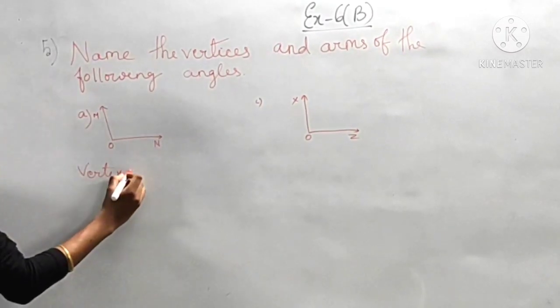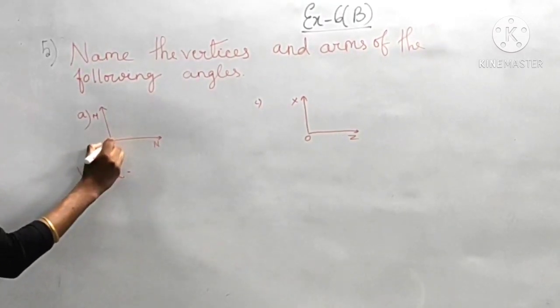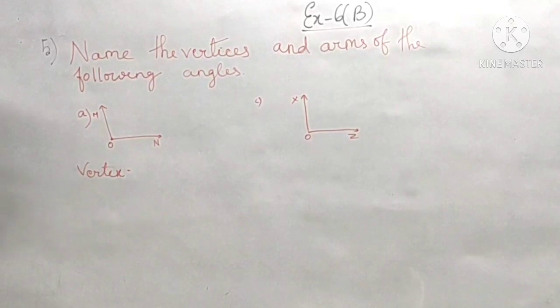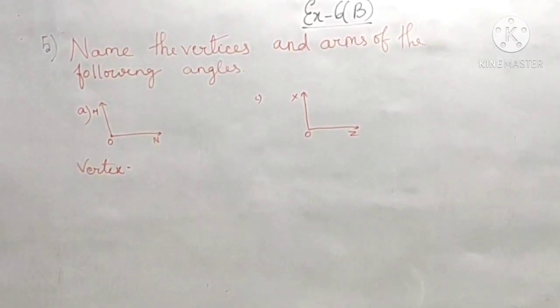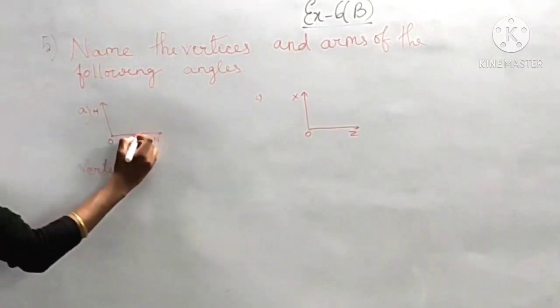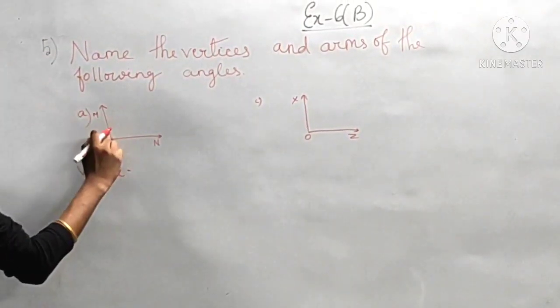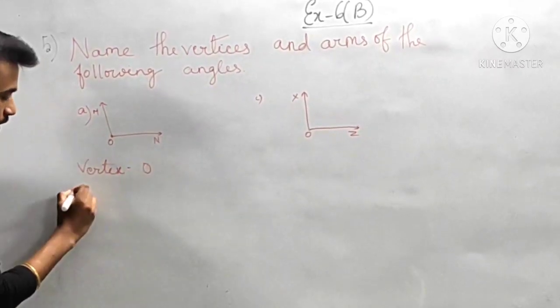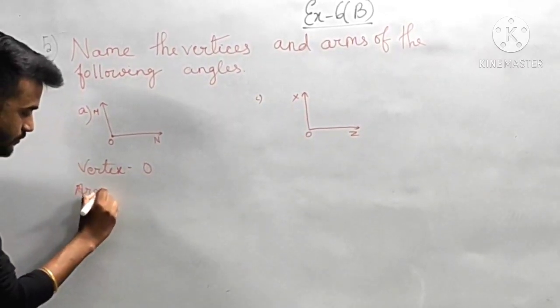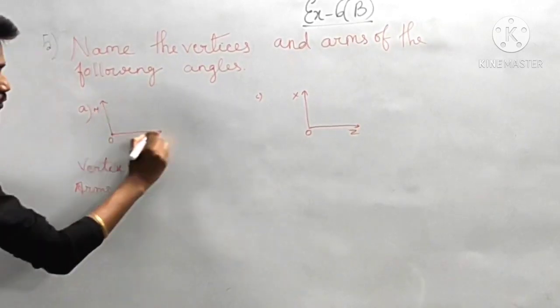You see that O is the common point. What is the vertex of an angle? It is where the 2 rays start. You see, OM starts from O here. So that means the vertex is O. Now, what about arms? There will be two arms here.